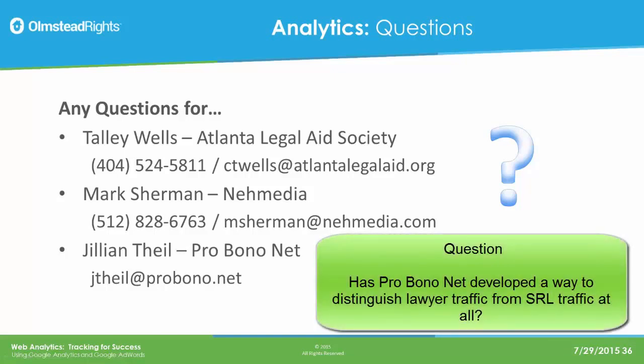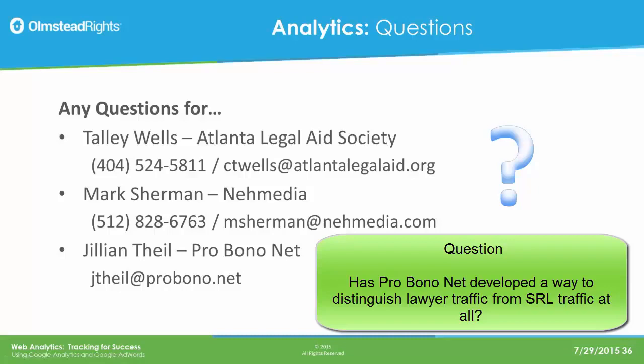The question is for Pro Bono Net: is it developing a way to distinguish lawyer traffic from SRL traffic at all? What I would say is that one thing you can do, which is really one of the most powerful things within Google Analytics, is something called advanced segments, where you can put in criteria like whoever hit your legal advocacy pages, which would be considered the lawyer pages.